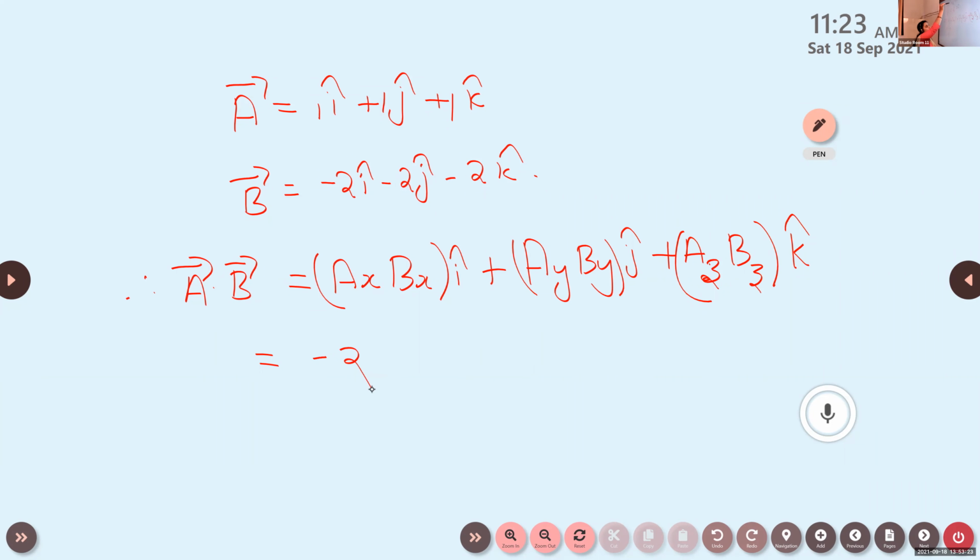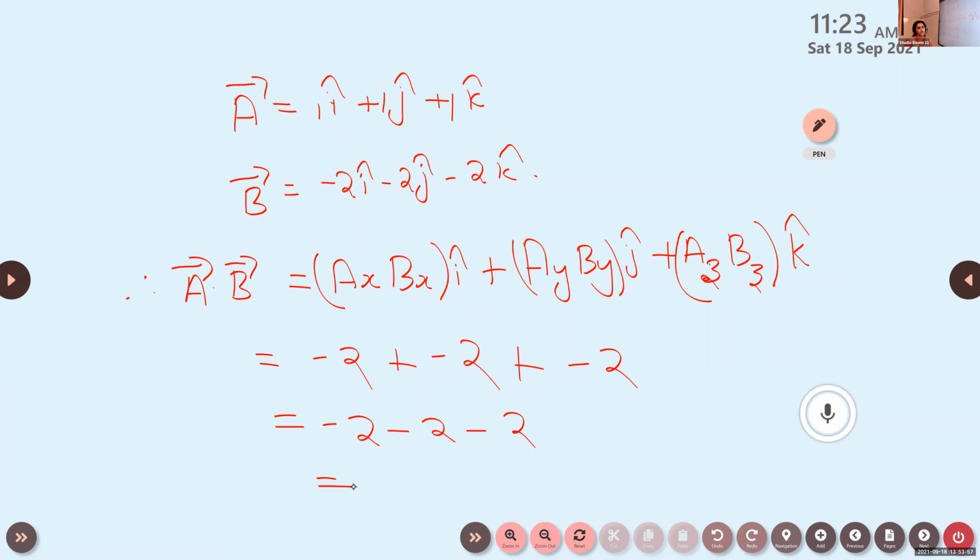And here unit vector i cap dot unit vector i cap is equal to 1. So minus 2 into 1, minus 2. Plus again 1 into minus 2. Here also we get minus 2. Plus 1 into minus 2, again minus 2. So minus 2, minus 2, minus 2.